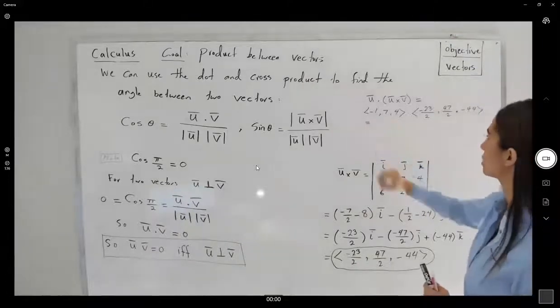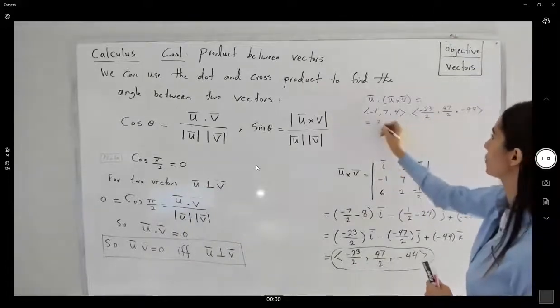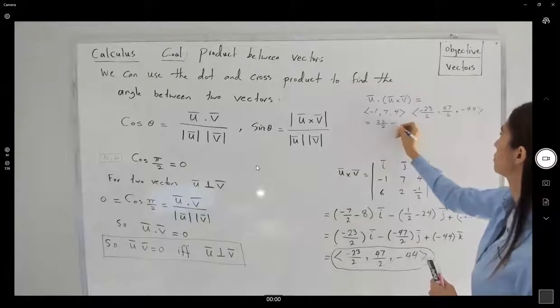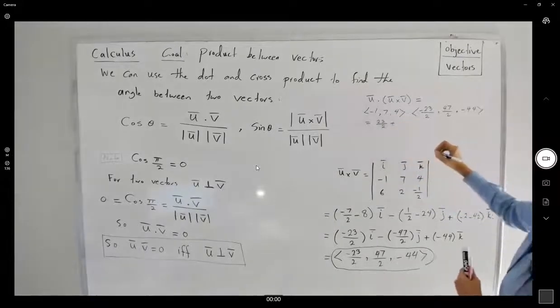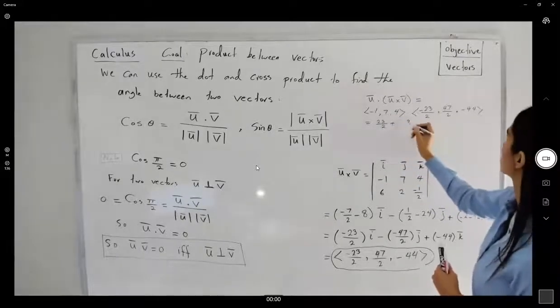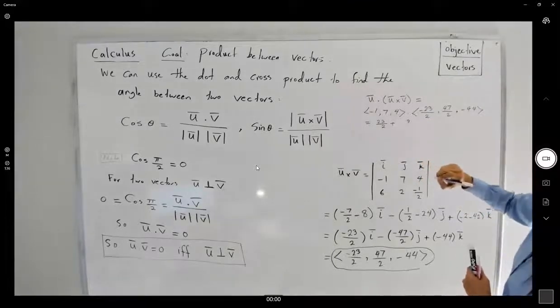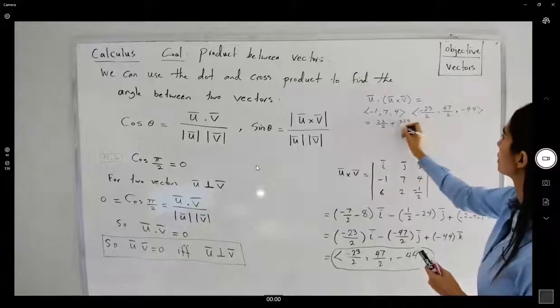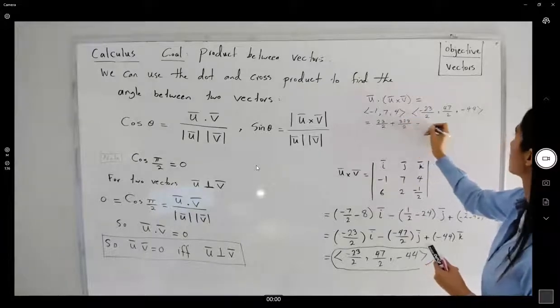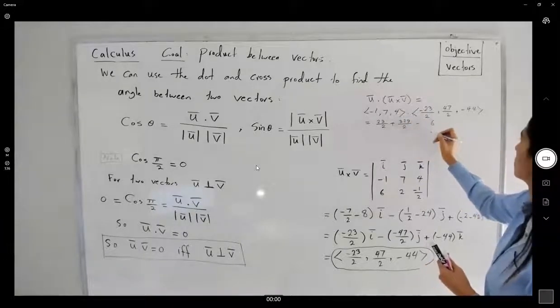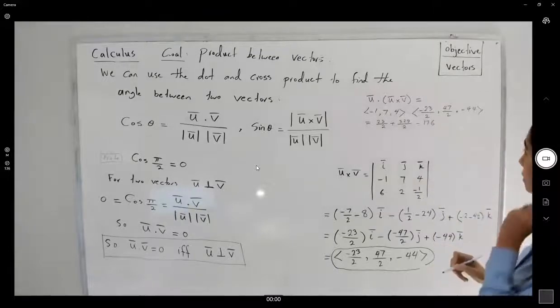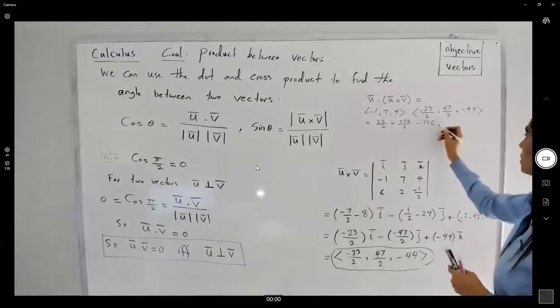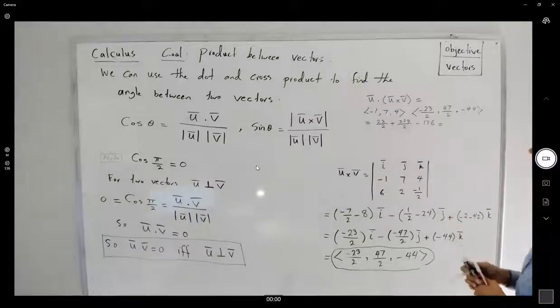Well, the dot product between these two, we get 23 over 2 plus 329 divided by 2 and minus 176. So let us take the common denominator between these.